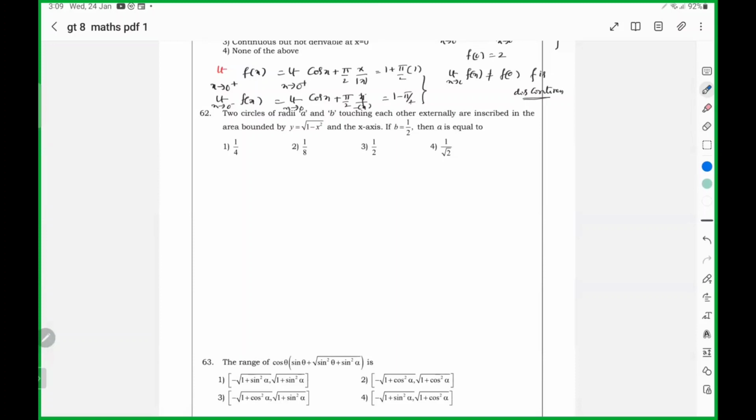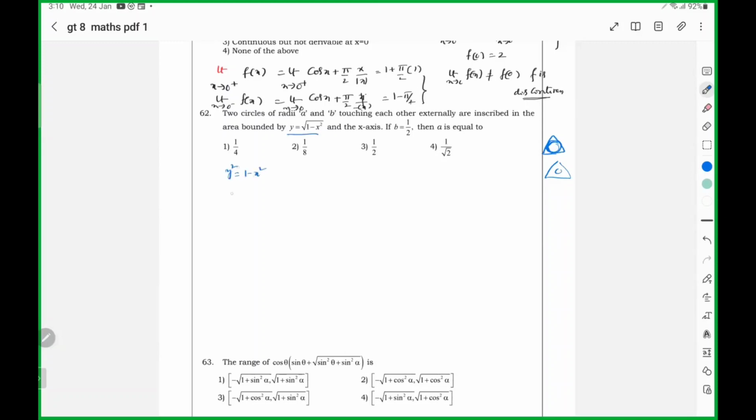So in this question, two circles of radii touching each other externally. Inscribed, what is the meaning? Suppose a circle is inscribed in a triangle, it touches all the three sides. It is not like this, right? And here, what does this curve represent?